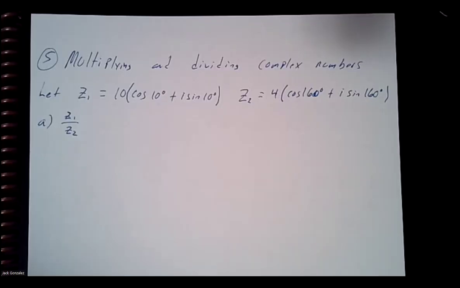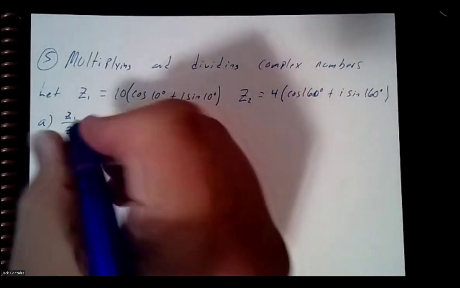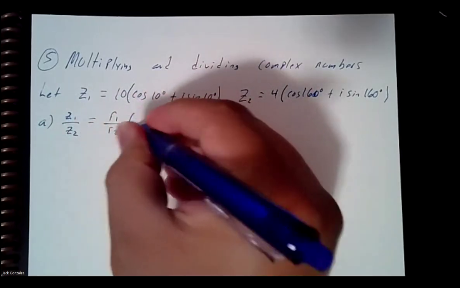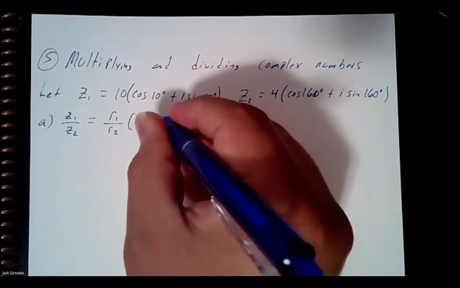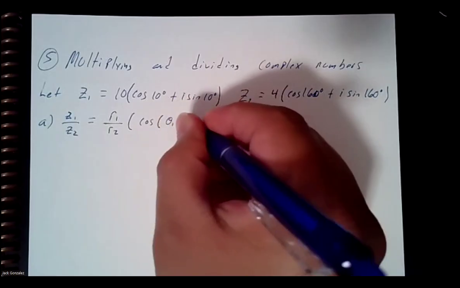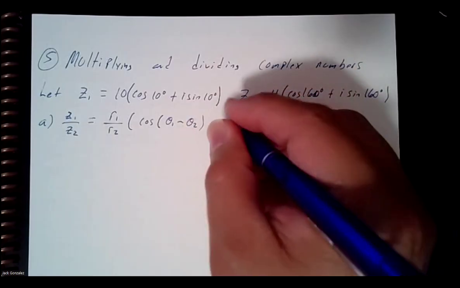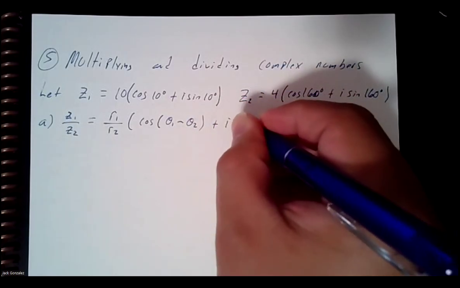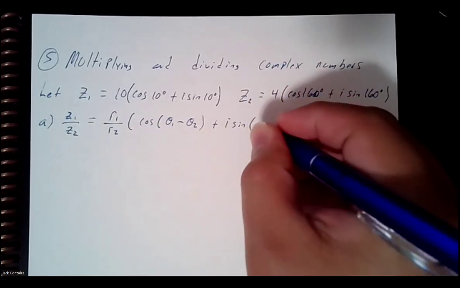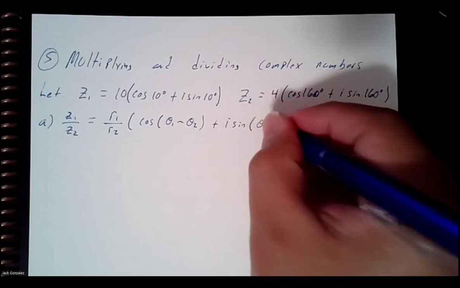Okay, so division says R1 over R2 cosine of theta 1 minus theta 2 plus I sine of theta 1 minus theta 2, same thing. Okay.